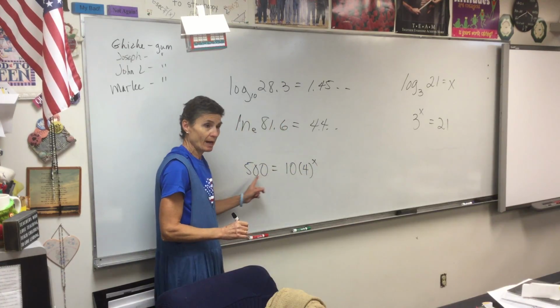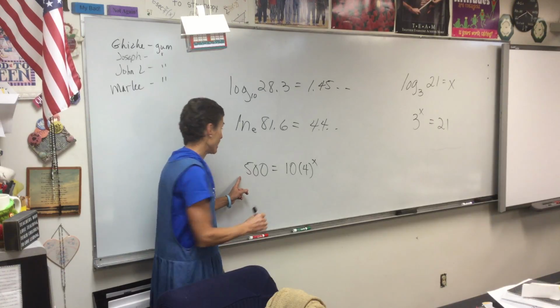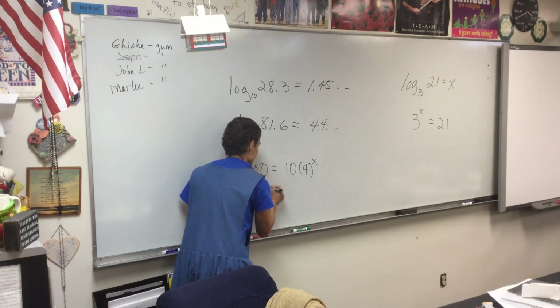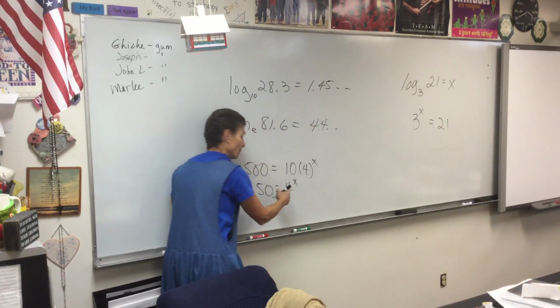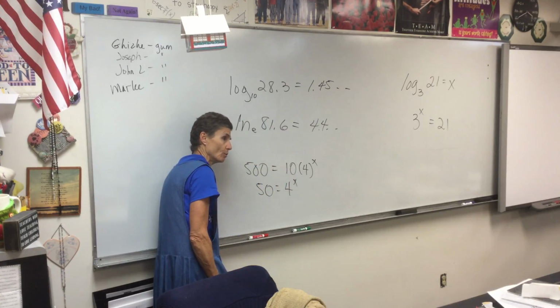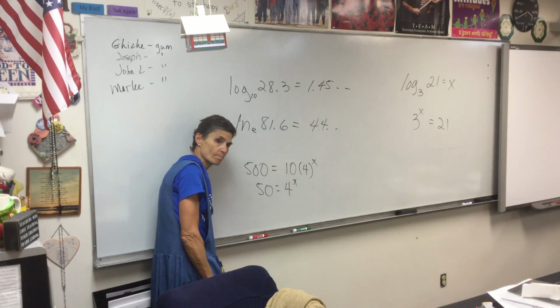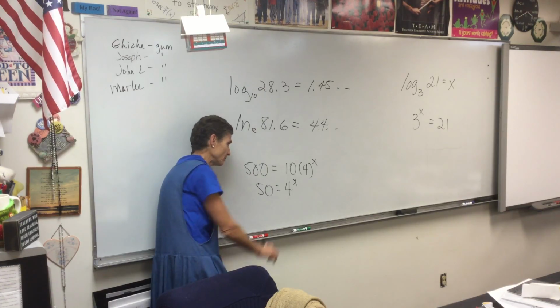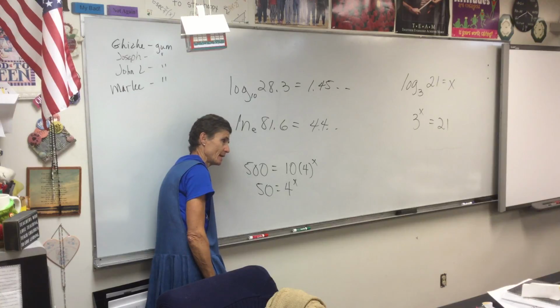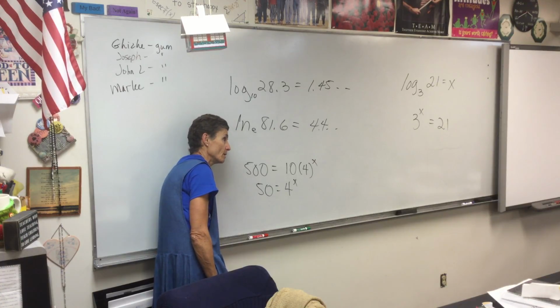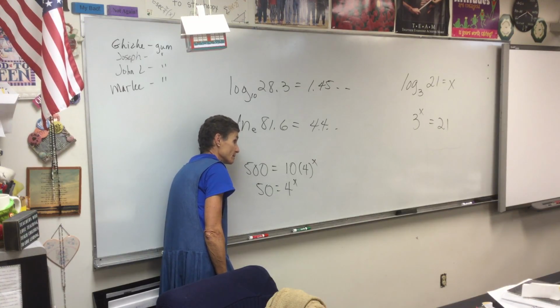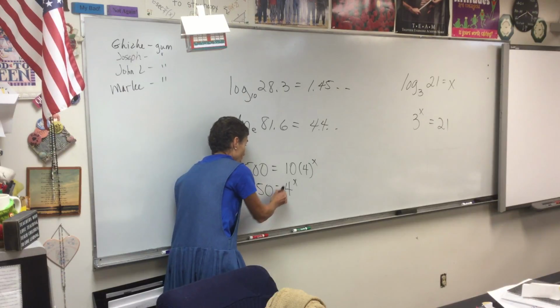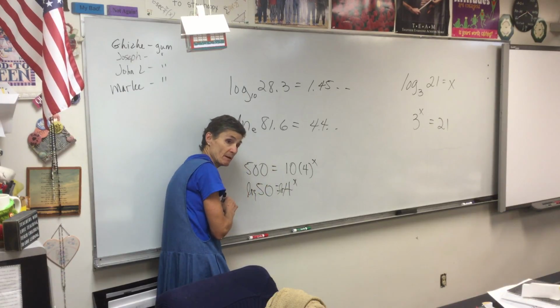We divided by 10, and then what did we do yesterday? When we had a problem that looked like that, what did we do? How did we get that exponent not to be an exponent anymore? We took the logarithm of both sides, right? And when we took the logarithm of both sides, the exponent came out in front.